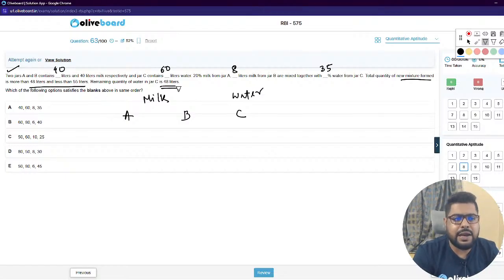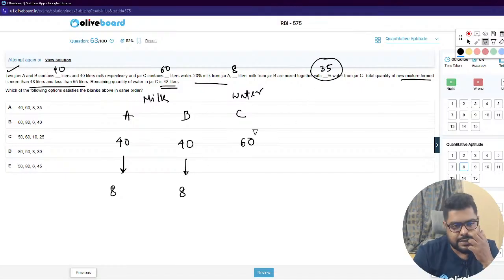Remaining quantity of water in jar C must be 48. Okay. 40 liters, 60 liters. 20% from jar A, 2 into 4 are 8 liters. 8 liters from jar B, 35% of jar C, 35% is 21 liters.